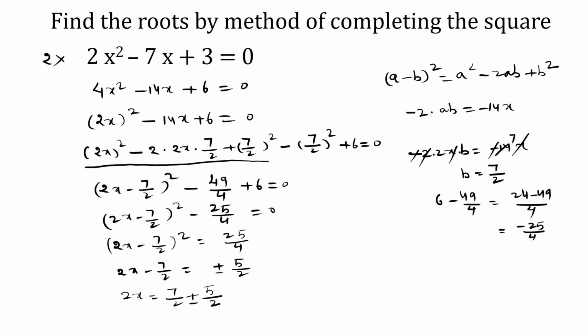Since denominators are same, first taking positive sign, we get 7 plus 5 over 2. And secondly taking negative sign, 7 minus 5 over 2, that gives us 6 or 1. So x is equal to 3 or half. This completes the solution.